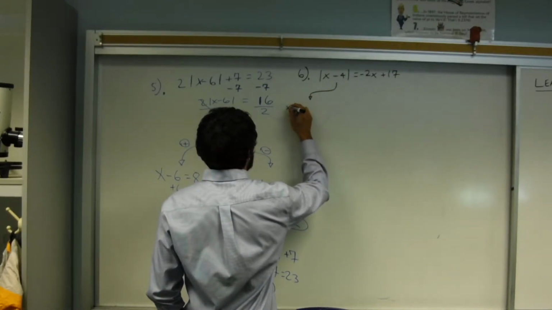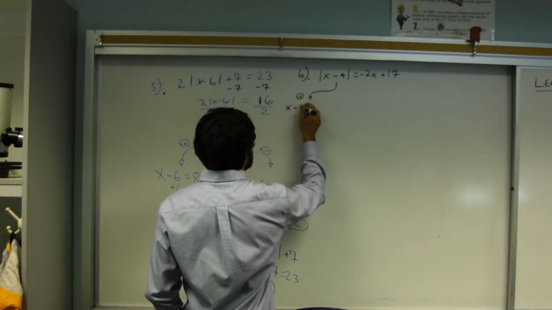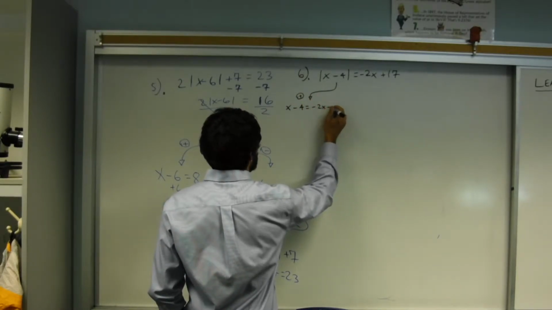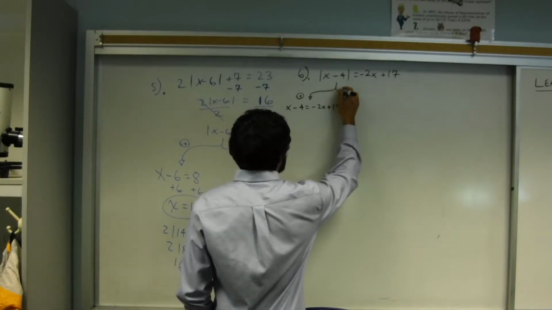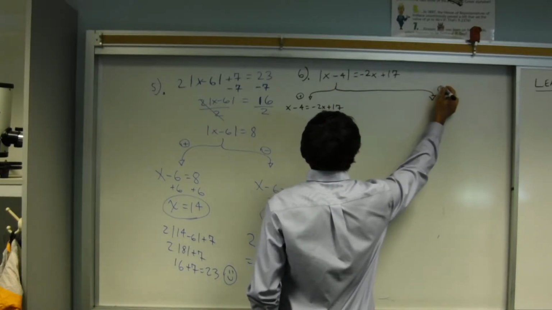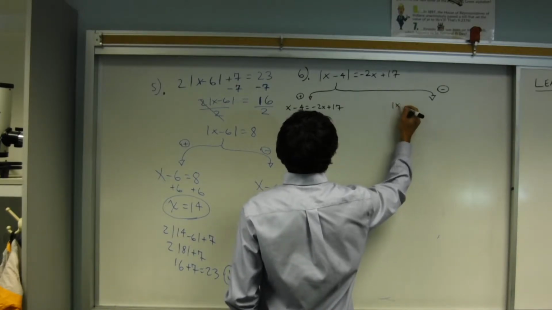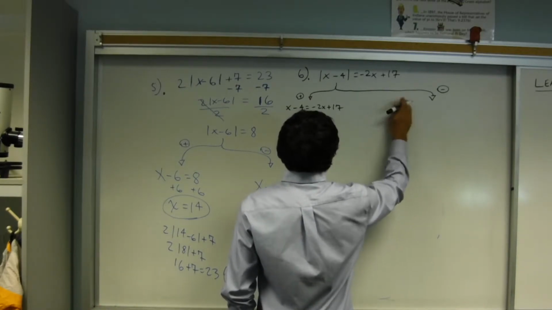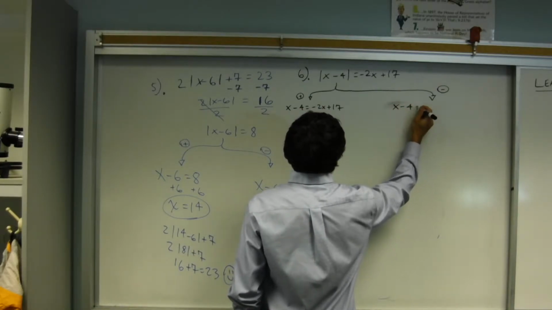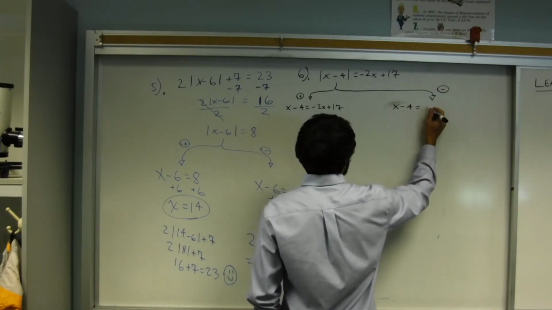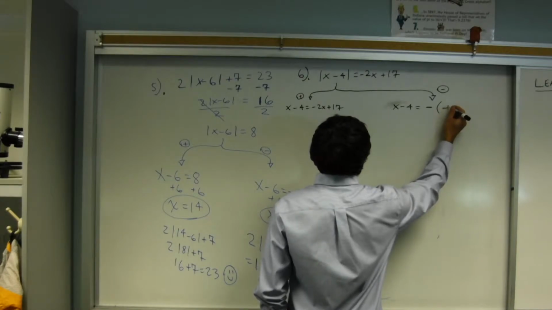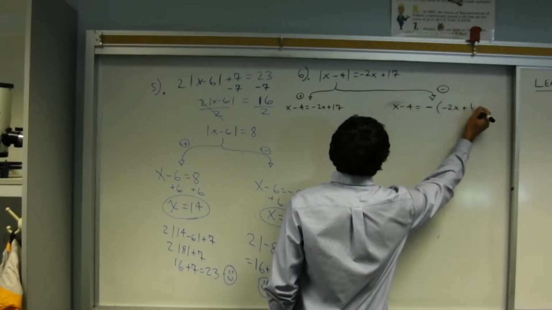Split it into our positive case, and we're going to split it into our negative case, where we get x minus 4. This is important here, is going to be equal to negative times negative 2x plus 17.